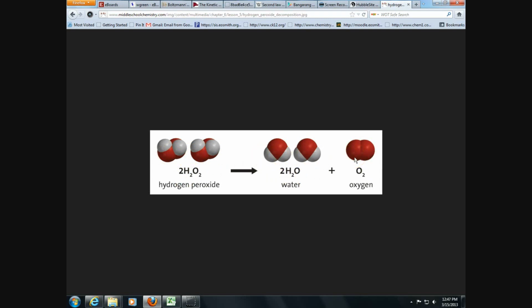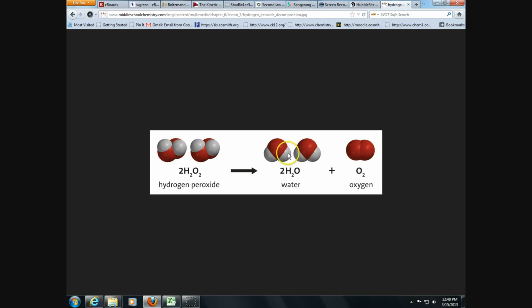So this is one way we could increase the number of particles in a system, and we would expect W to go up, because now we've got more particles among which to distribute the energy. We're going from 2 moles to 3 moles, so increasing the number of moles in a chemical reaction will mean greater entropy.